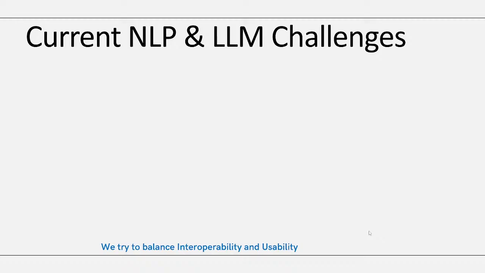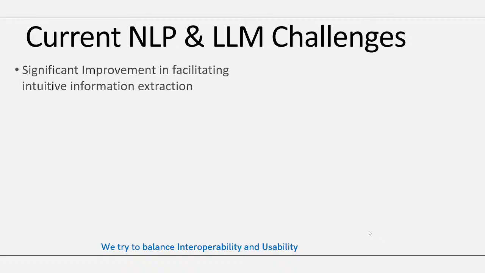There is a lot of research in NLP, natural language processing, and LLMs in order to parse IFC in an intuitive manner, with significant improvement. In my paper's literature review, you can find many information extraction attempts using NLP with IFC files.